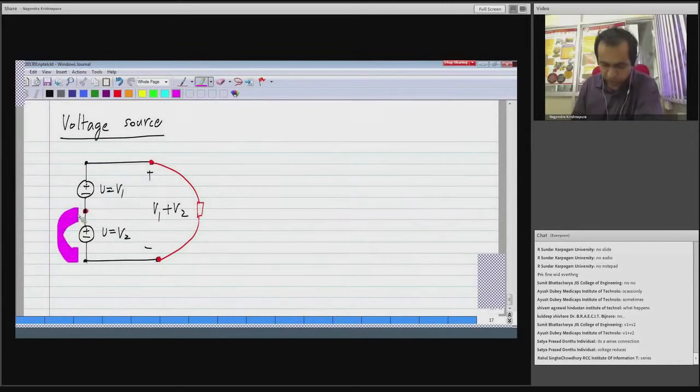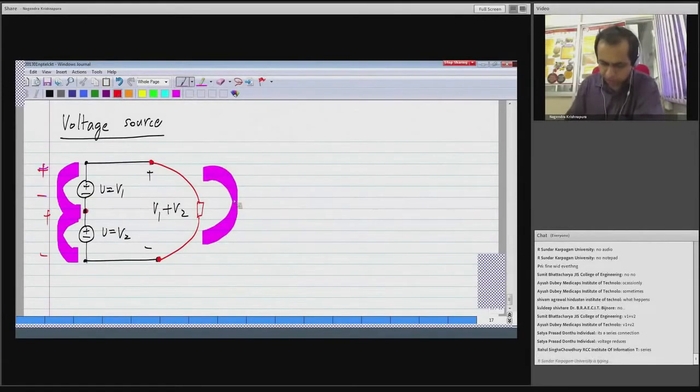The voltage drop across this in this direction plus the voltage drop across this in the same consistent direction, and finally the voltage drop across this, in the consistent direction, has to be 0. So in this polarity it will be minus V1 minus V2, or if I take the upper one as plus and the lower one as minus, it is V1 plus V2.